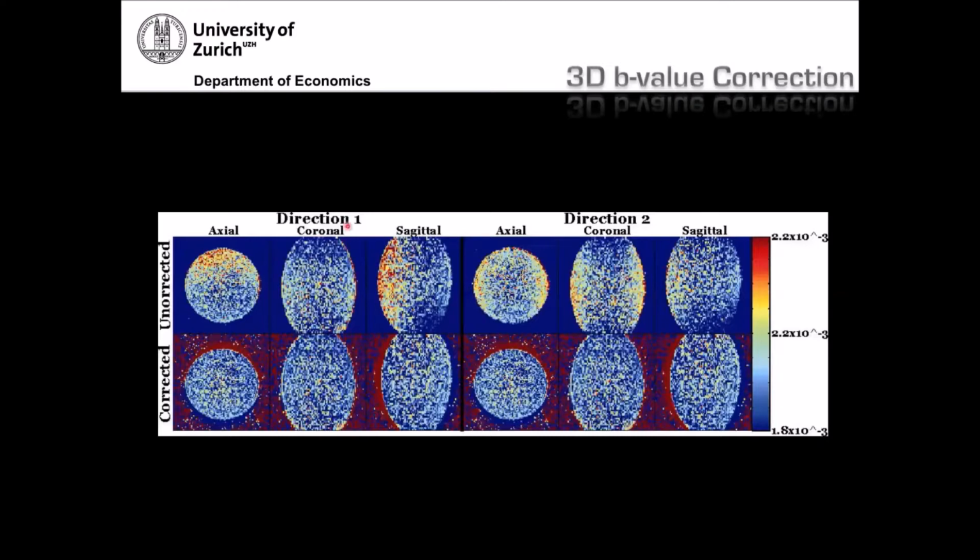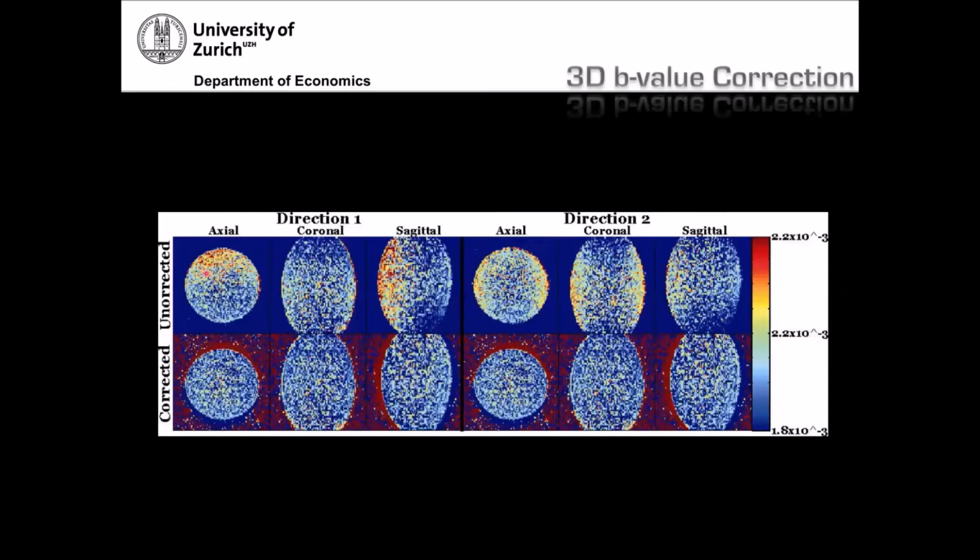But if you change the diffusion direction, as you can see on the right-hand side, diffusion direction 1, diffusion direction 2, then immediately the profile changes. So we inferred that what you measure here is actually the gradient nonlinearity. Where you measure a higher diffusion constant, that means the gradient is stronger, rather than the diffusion actually happening at a higher rate.